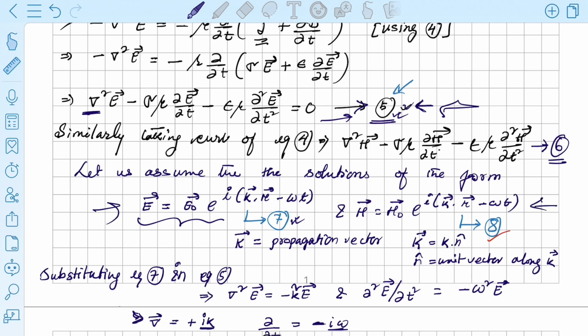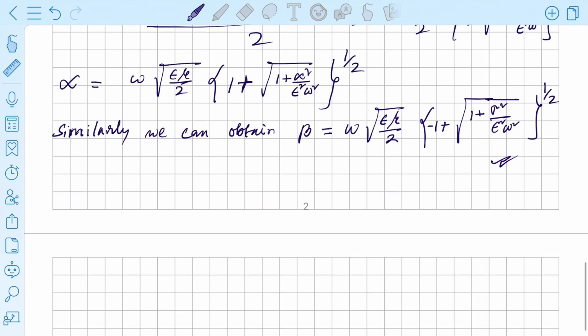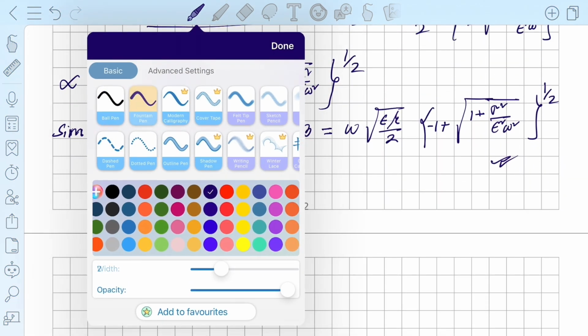We can replace this k by k n cap, and k can be replaced by alpha plus i beta, because k is complex, which we have already shown. So what are the solutions we have considered?